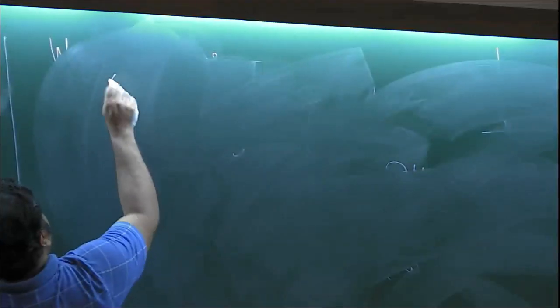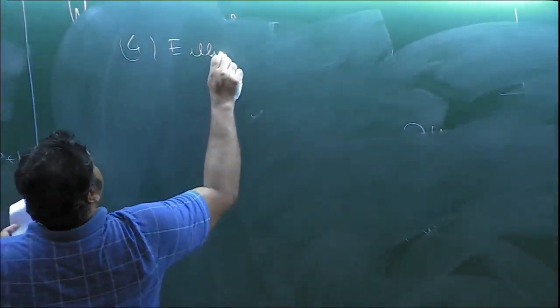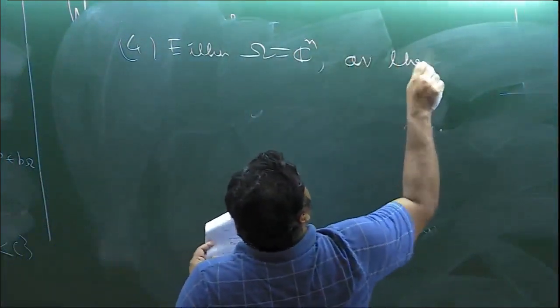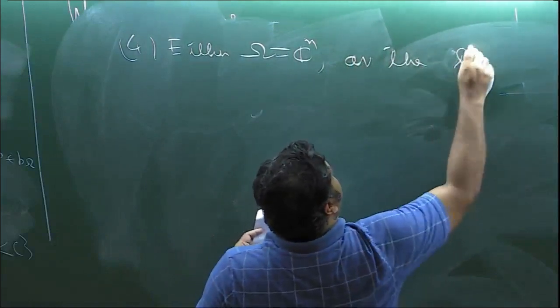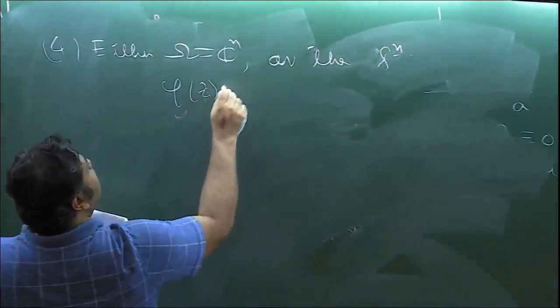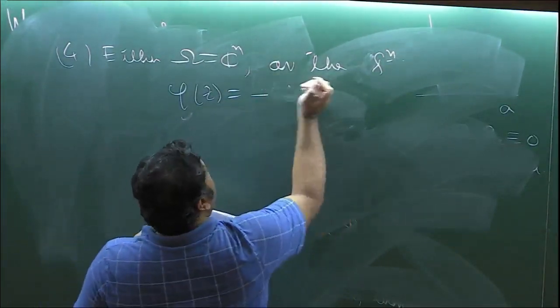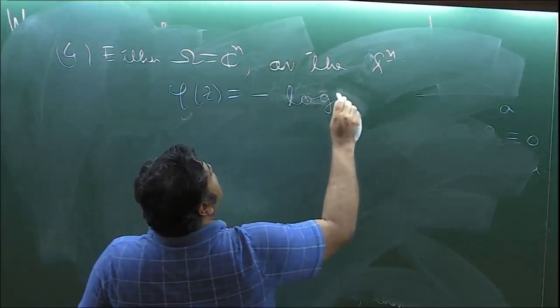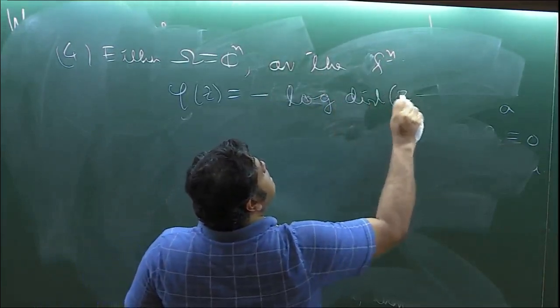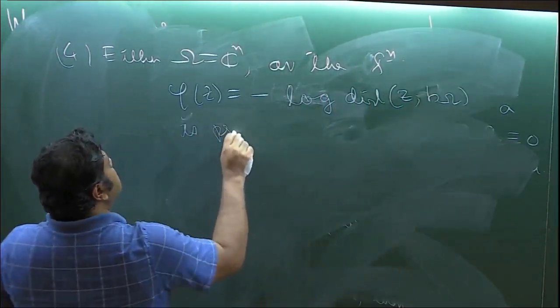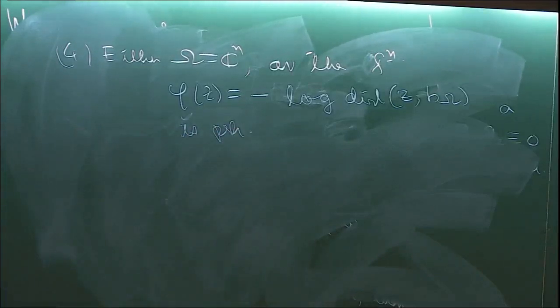Okay, number 4, either omega is the whole of Cn or the function phi of z given as minus log distance from z to the boundary of omega is PSH. So the way this one is stated is kind of strange because before we were asserting the existence of some function.